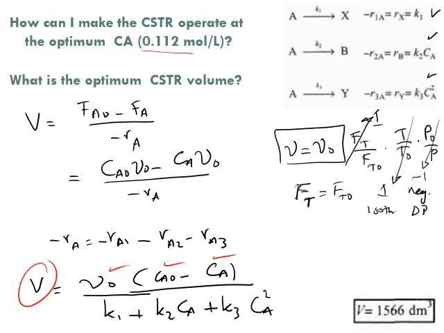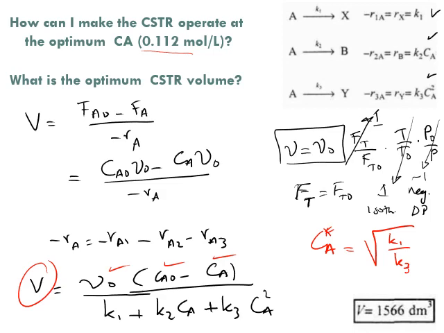Because remember, the optimum CA, which we called CA star, was simply the square root of K1 over K3. So if I operate at a different temperature, I would get a different CA, and also a different selectivity. So maybe at other temperatures I would have a higher selectivity. Okay, I do agree with you.